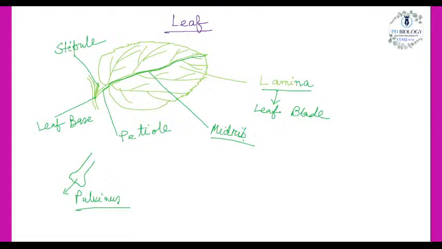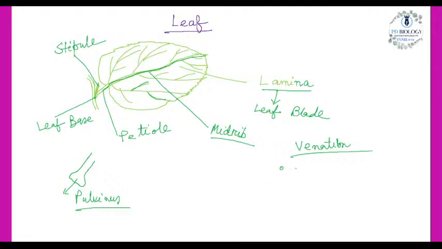So that we discussed just a while ago: the venation. The arrangement of veins and veinlets in the leaf blade is called venation, and it is of two types.